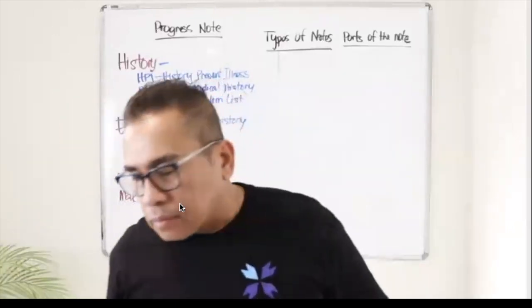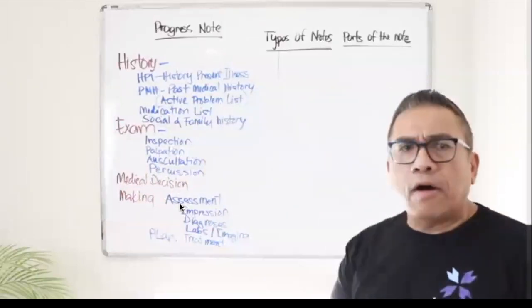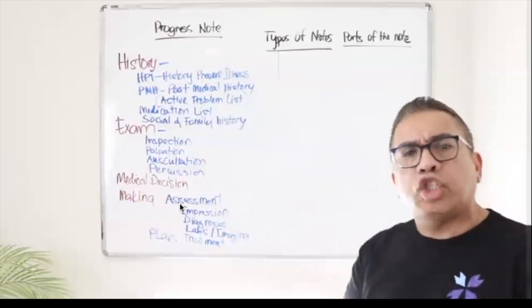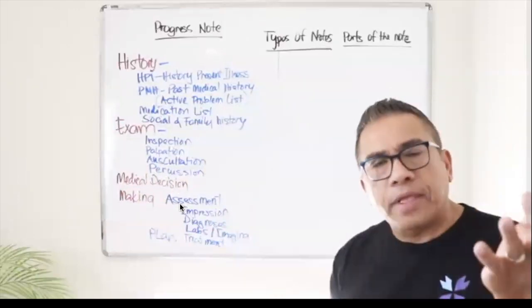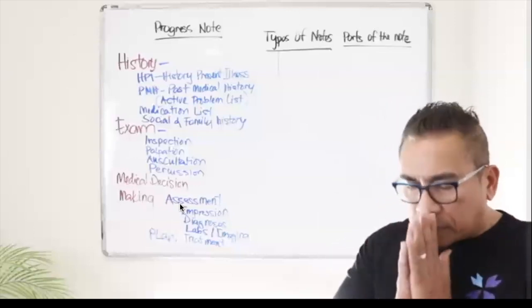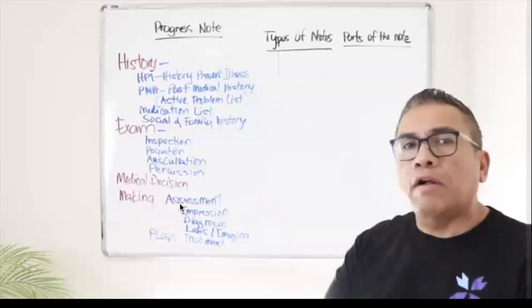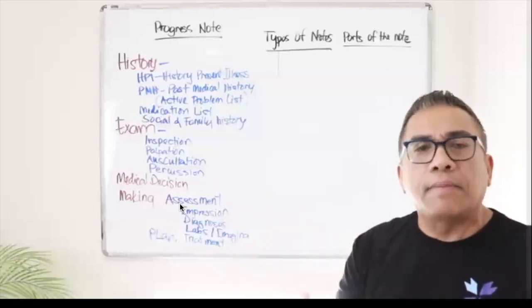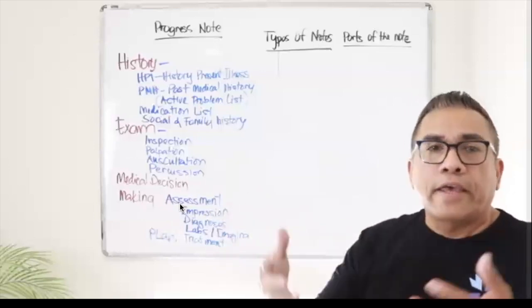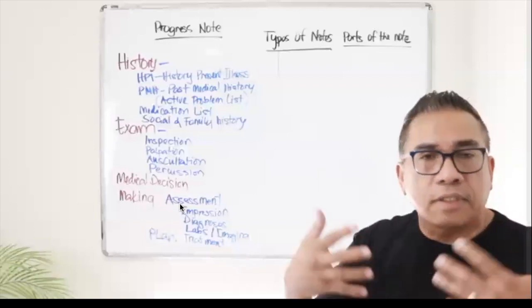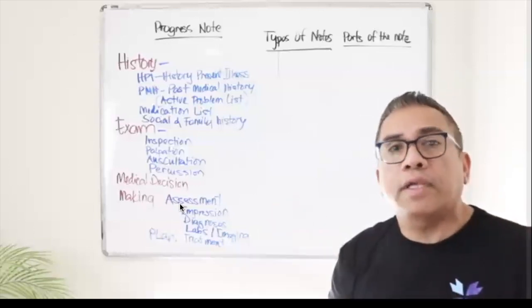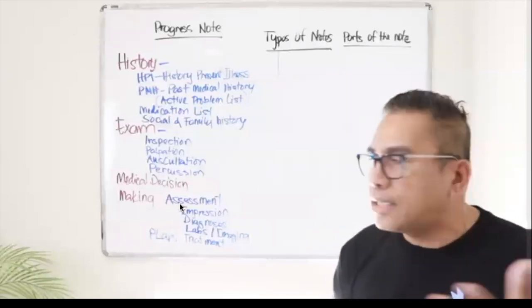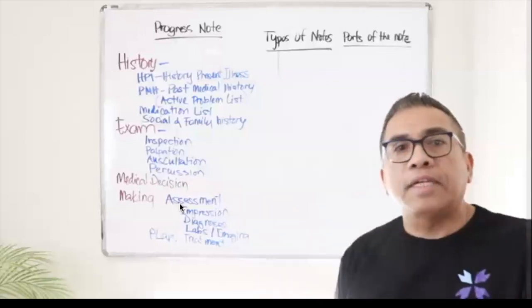Now, we know that when the doctor finally makes his decision, after reading all this history and doing the exam, he will come up with his diagnosis, right? If he finds that the patient's cause for falling is that the patient is demented, he's going to put the diagnosis here: patient has dementia.